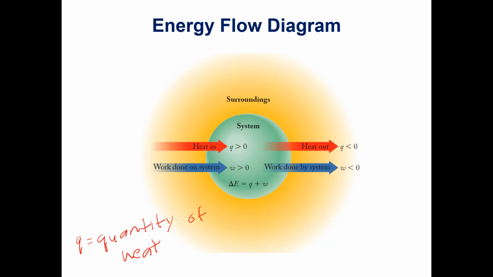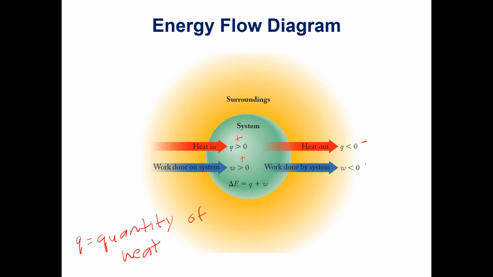So when we put heat into the system, Q is greater than 0, so Q is positive. When heat is released from the system, heat leaves the system, Q is less than 0, so Q is negative. Similarly, when we do work on the system, work is positive.